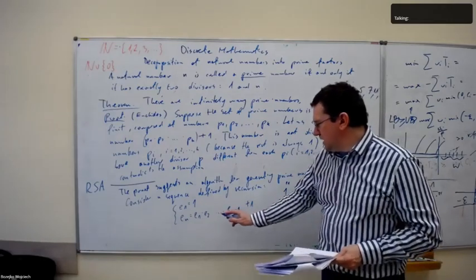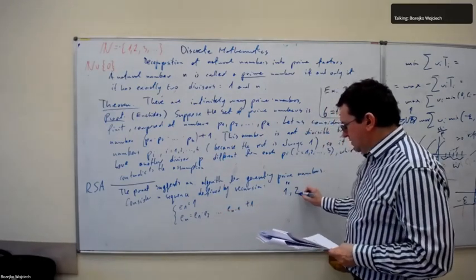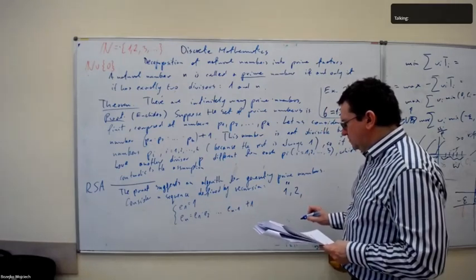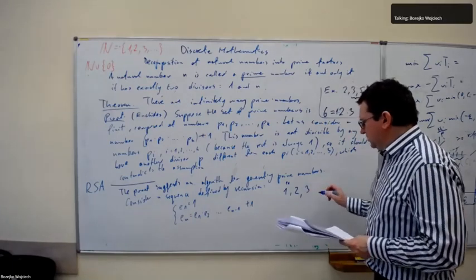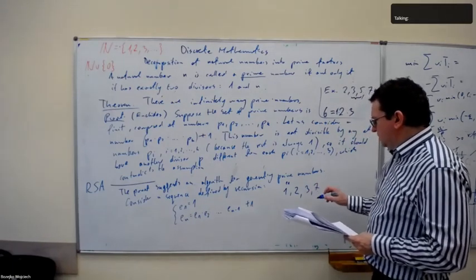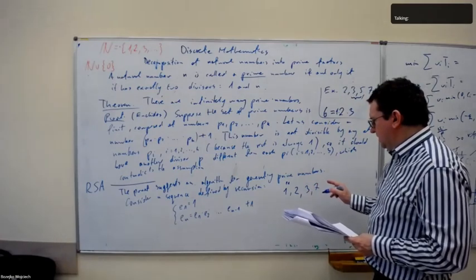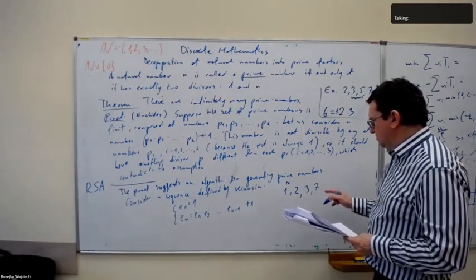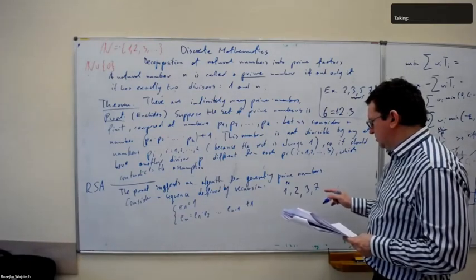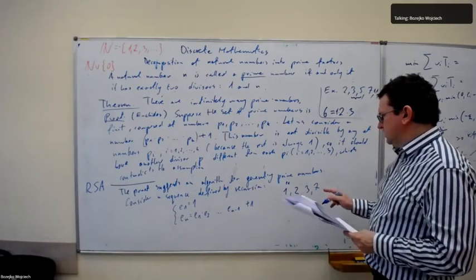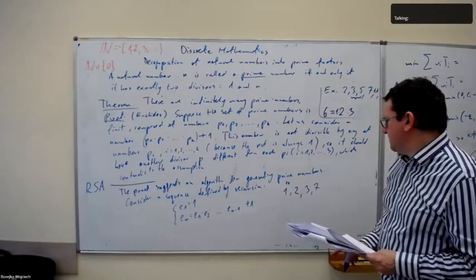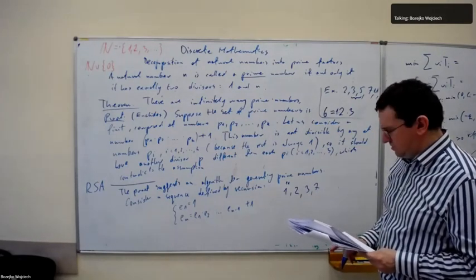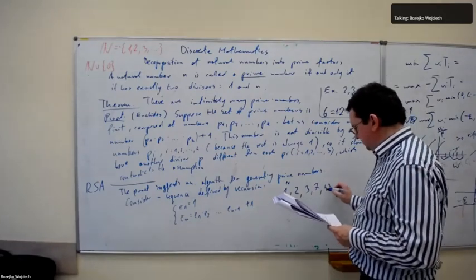E2 is 1 plus 1, this is 2. Next we have 1 times 2 is 2, plus 1 is 3. 2 times 3 is 6, plus 1 is 7. And 2 times 3 times 7 is 6 times 7 is 42, plus 1 is 43.